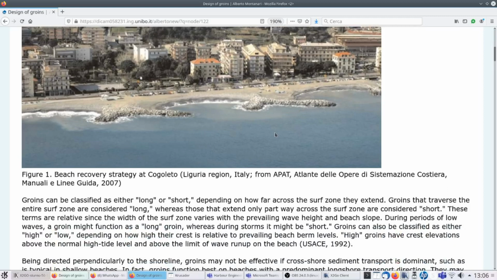Again, they should be used when there is significant alongshore sediment transport. In this solution, which refers to the Liguria region in Italy, they used a shape of the groins that is conceived to create beach pockets, and they are built in a way that minimizes or makes more gentle the visual appearance.